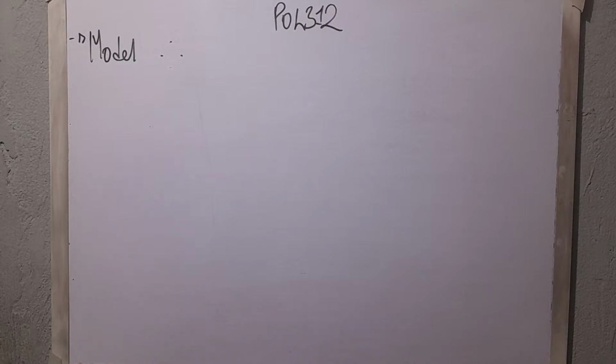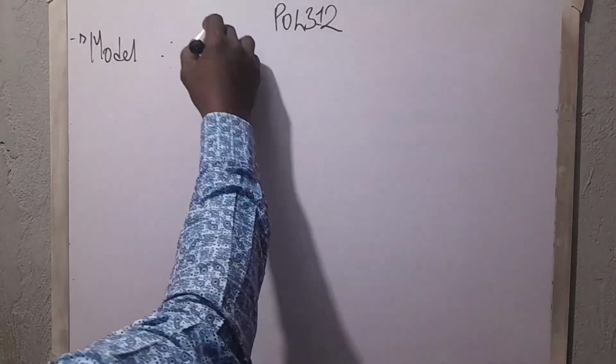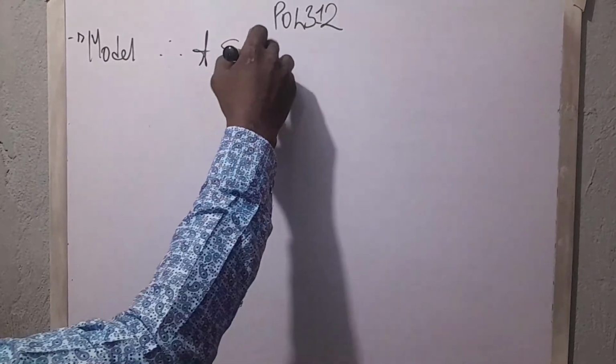Now when we talk about model in political science, we are simply referring to model as being essentially a simplified representation of political reality.